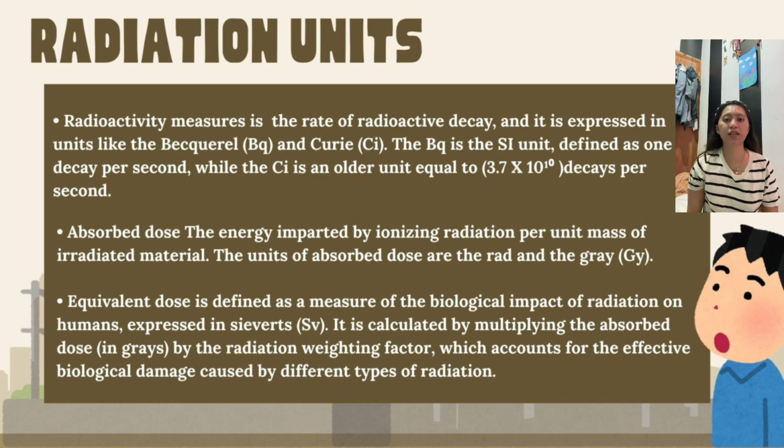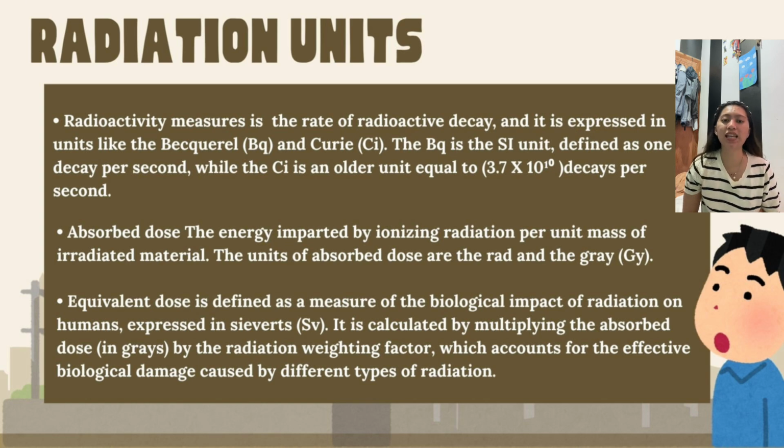Equivalent dose is defined as the measure of biological impact of radiation in humans. Expressed in the sievert, it is calculated by multiplying the absorbed dose in grays by the radiation weighting factors, which accounts for the effective biological damage caused by different types of radiation.